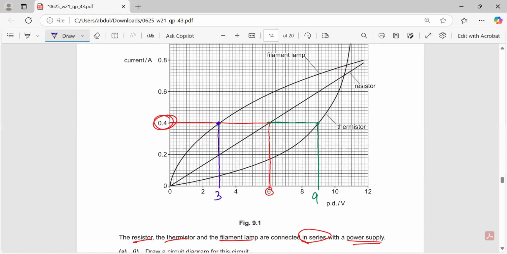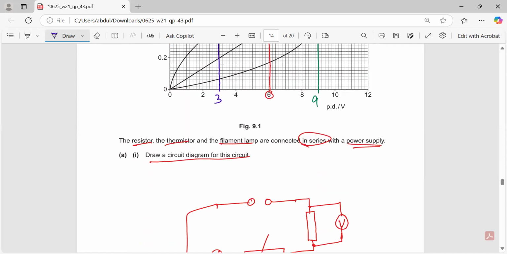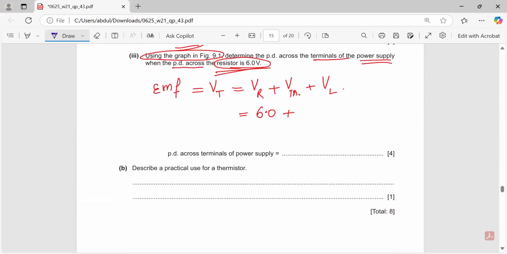For the same current of 0.4 ampere, the potential difference across the filament lamp is 3 volt. Across the resistor it is already 6, and across the thermistor it is 9 volt. So they will all be added up together.